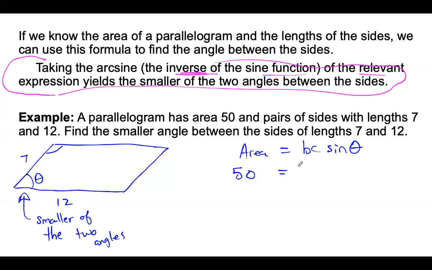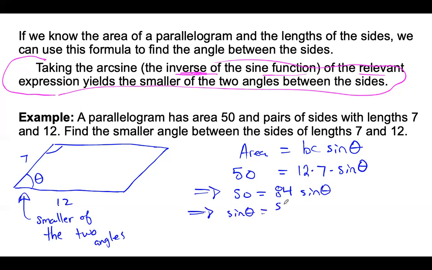So then we can apply this formula: 50 is equal to 12 times 7 times sine of theta. And we can compute this. So 50 is equal to 84 sine of theta. So sine of theta is equal to 50 divided by 84. And then we take the inverse, so sine inverse of both sides.